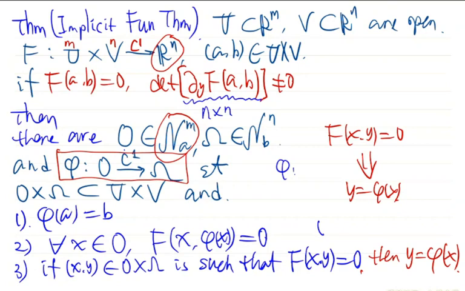We also have F(x, phi(x)) is 0. So this third statement is the uniqueness statement. Then y must be equal to phi(x). Okay. So this is the statement of the implicit function theorem.